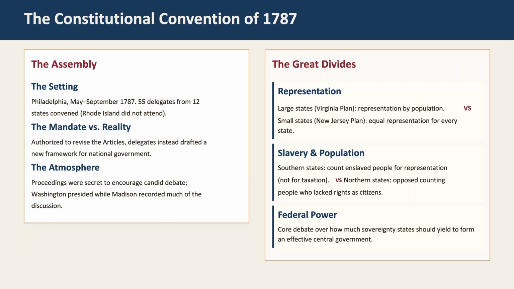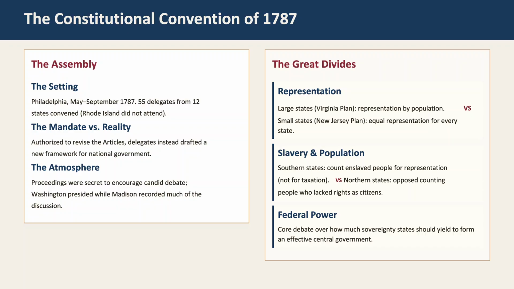Slavery was also another issue. The southern states wanted to count enslaved people for representation, and the northern states disagreed. It created an unfair advantage to the South if they were counting their slaves for representation and taxation, and those slaves did not get any kind of actual representation.